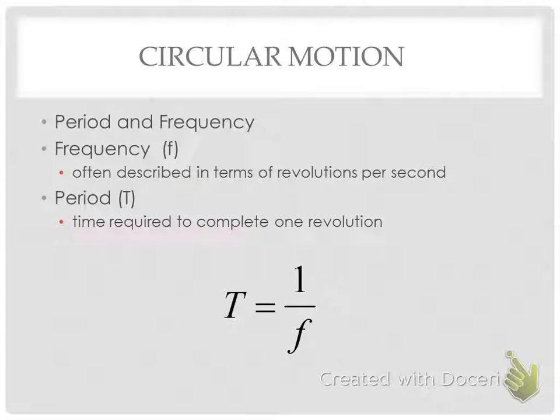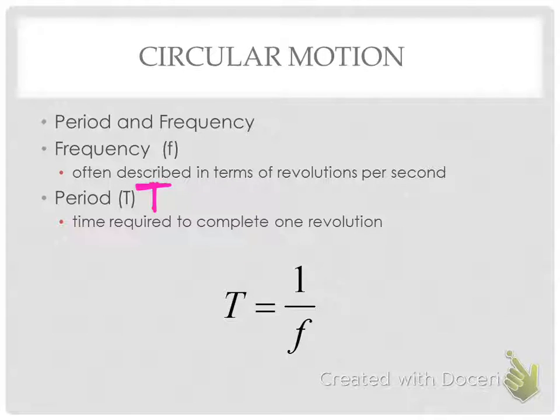Period, on the other hand, is the time required to complete one revolution. Frequency is revolutions per second. Period is time per revolution. So they are reciprocals of one another. Period is a capital T, which should make you think of time.